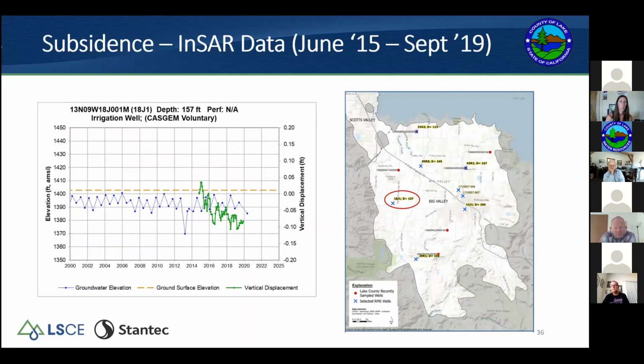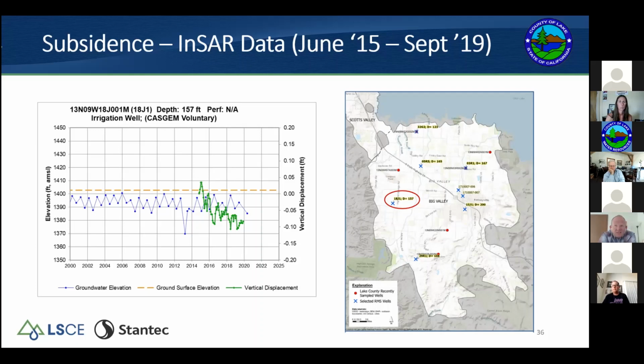Yeah, I'm seeing lots of points of information on the vertical displacement, and I thought the InSAR data was taken maybe a couple of times since 2015, and there's one more coming. So could you explain to me how you're getting so many data points? Yeah, so it's a comparison. I think this is just the way the graphic was developed.